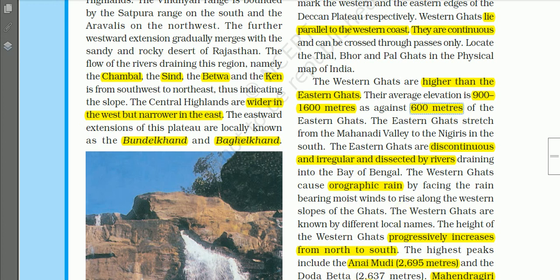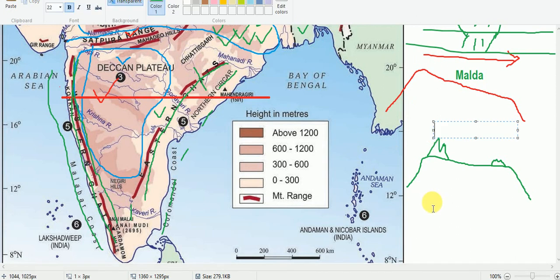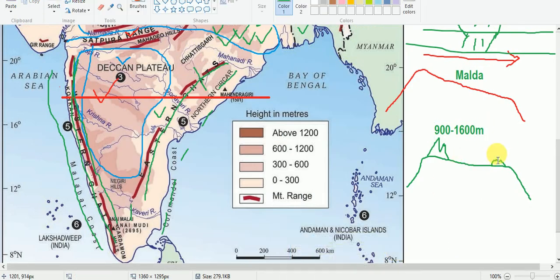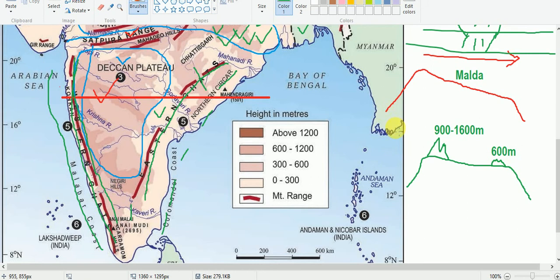Here it is between 900 to 1,600 meters above sea level, and the Eastern Ghat is only about 600 meters. That means the Western Ghat is higher than the Eastern Ghat.